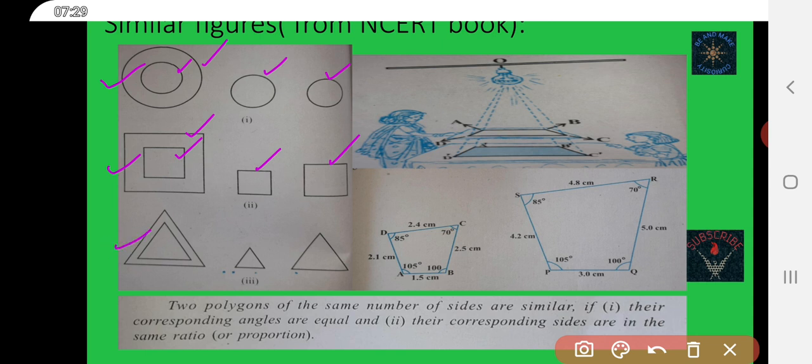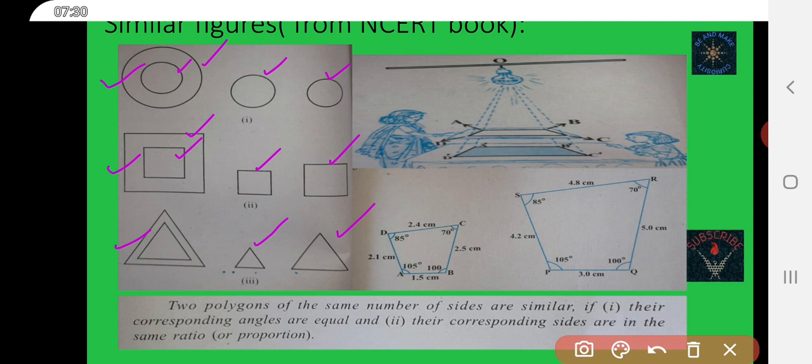Now here you see equilateral triangles. This triangle is smaller, this one is bigger, but you observe that the two figures have the same shape but different size. So as they have the same shapes, we can say all equilateral triangles are similar.